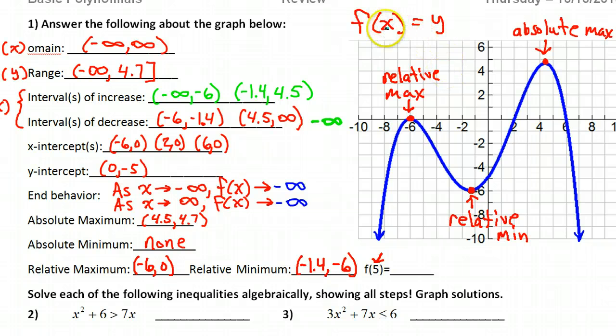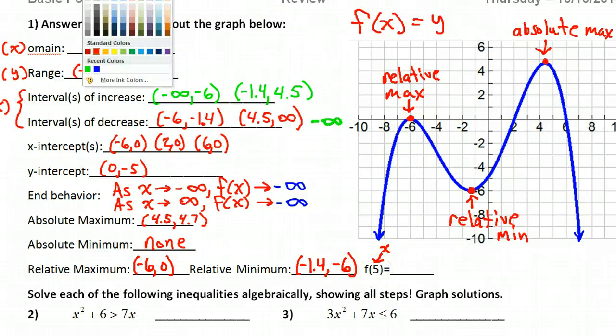Anything inside the parentheses is an x value, and whatever's out here is a y value. So this 5 is an x value, and I'm asking you for the y value that goes with it. So go to an x value of 5 and then look around and see where the y value is.